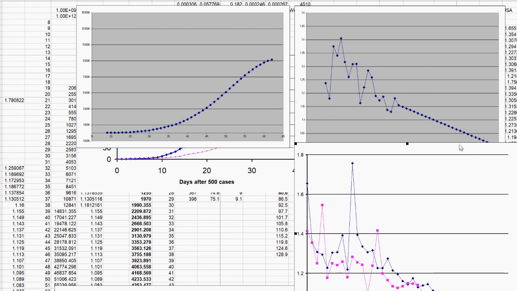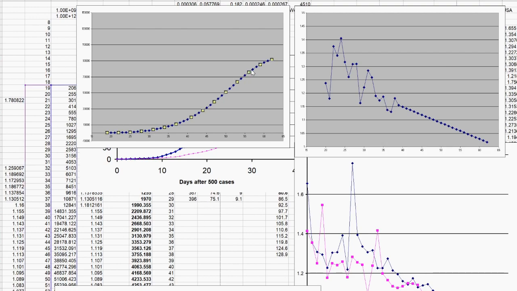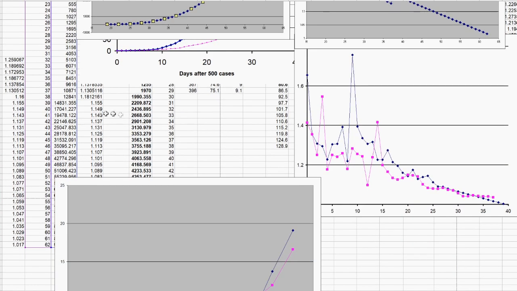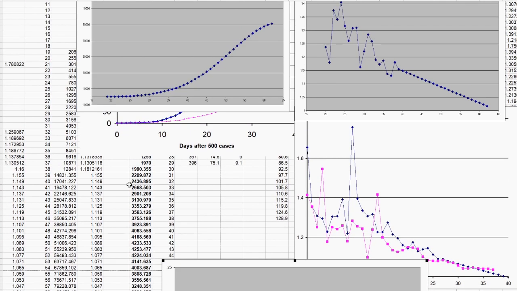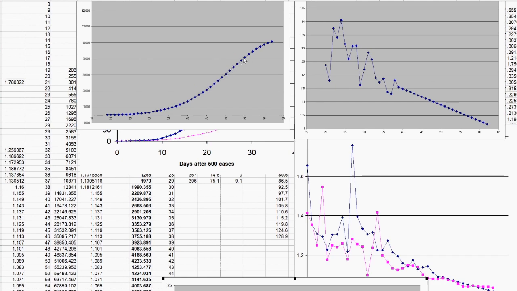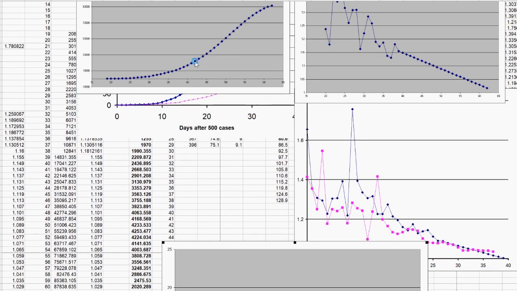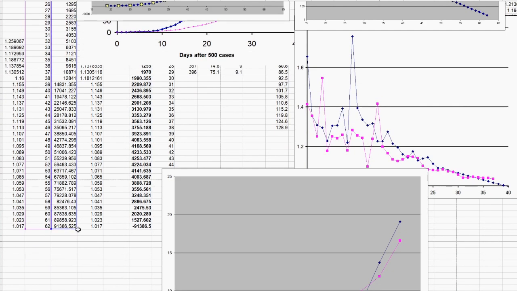So we can now take a look at the actual deaths in America at the moment, and where we've actually got data.